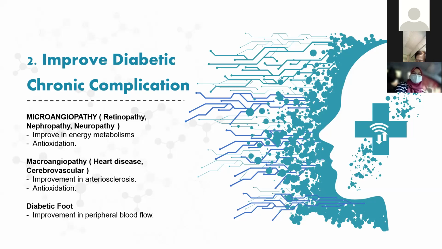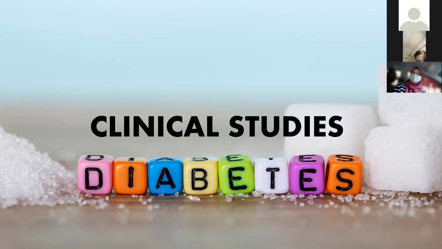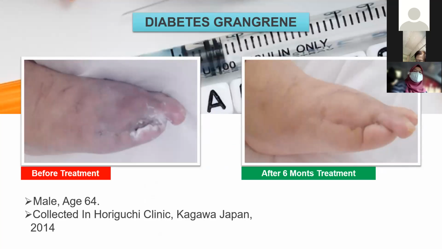Now I will show you the clinical study that we have. You can see this is diabetic gangrene. Before treatment, on your left, is a male, 86, collected at the Kawaguchi Clinic, Japan in 2014. You can see before and after. This is the wound healing I mentioned just now.